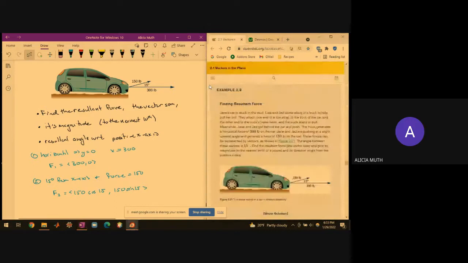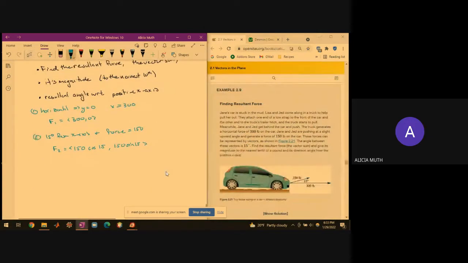Let's kind of go back, right? So the resultant force is F1 plus F2, right? So that means we're taking the vector 300, 0, and we're adding to it 150 cosine of 15, 150 sine of 15. Well, it's just 300 plus 150 cosine of 15, comma, 150 sine of 15.